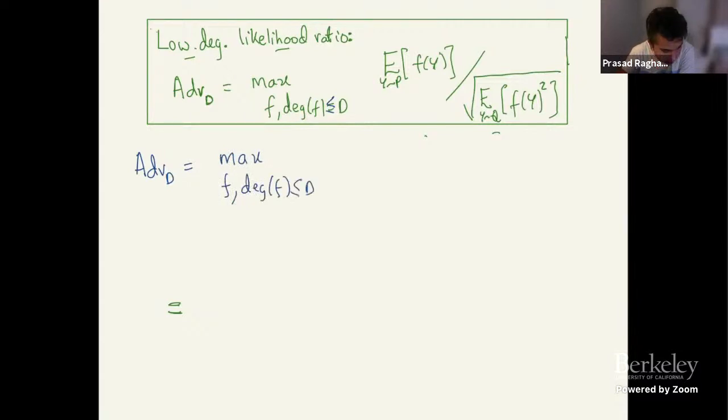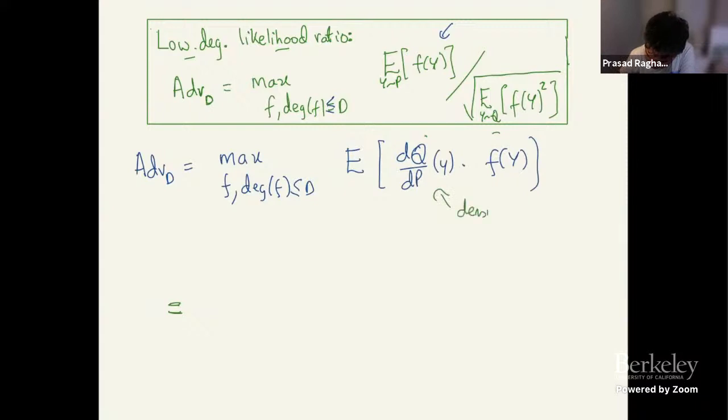I'm going to write the numerator also as an expectation over the distribution Q. So I'm going to write the numerator as the expectation of dP by dQ, the likelihood ratio, times f of y. This is just the likelihood ratio, or the density. You could say this is the density of P with respect to the measure Q.